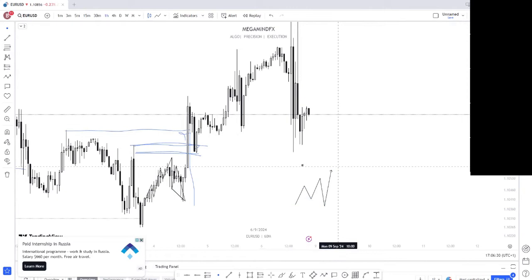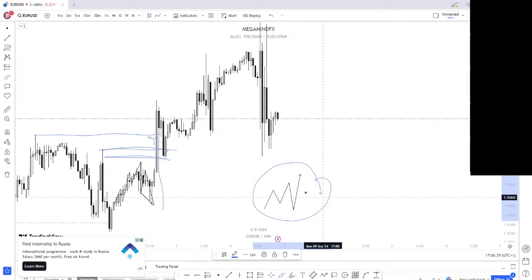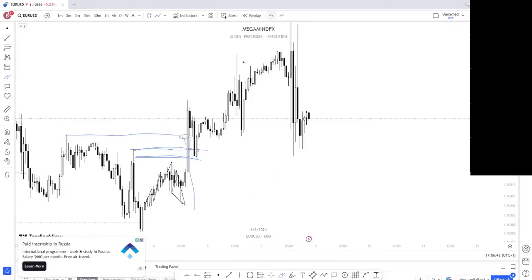Price uses this a lot. You understand that? So always pay attention to this stuff. I'm just showing you now on the H1. If you find it on the H1, pay attention to it a lot. It will help you. So let me go back. Let me delete this stuff.